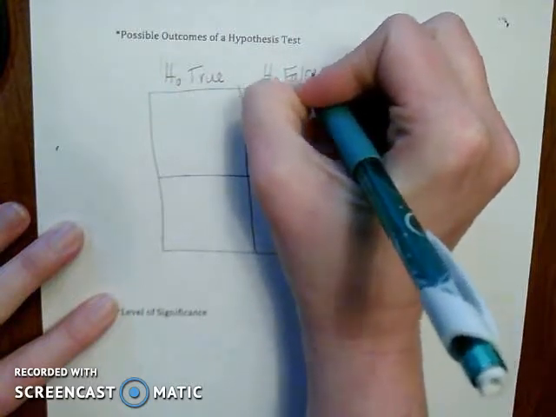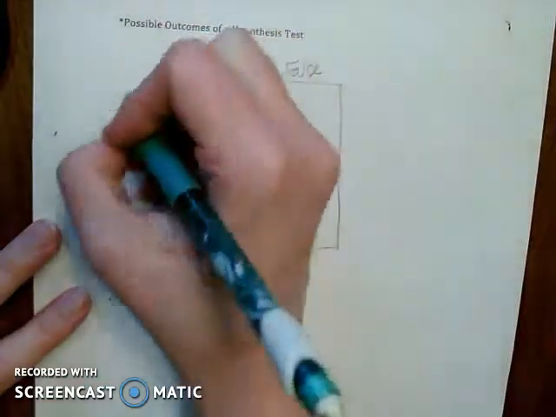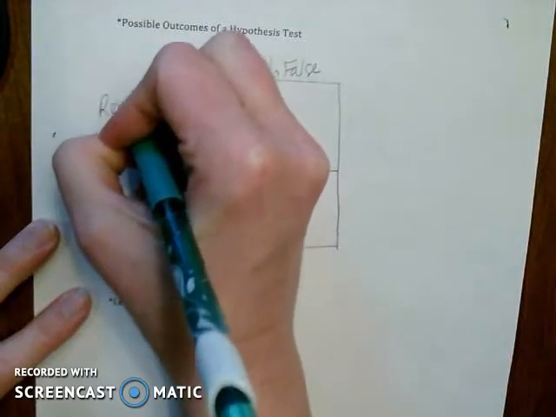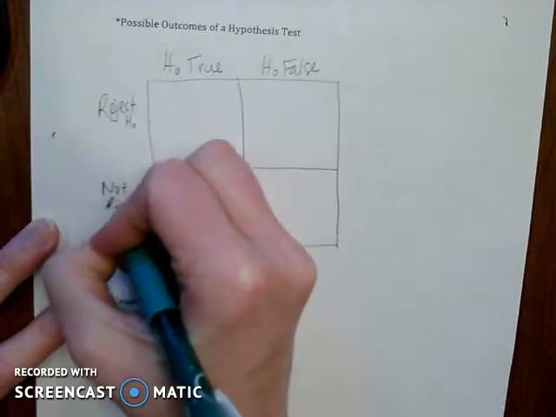And honestly, we don't know because it's about your population mean and we don't know what the population mean is. We know what the sample mean is, okay? So we don't know whether it's true or false for real. We just have to do our best guess, basically. All right, and then you're either going to reject your null hypothesis or you are going to not reject.